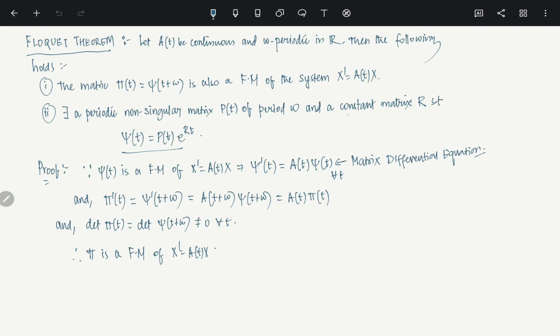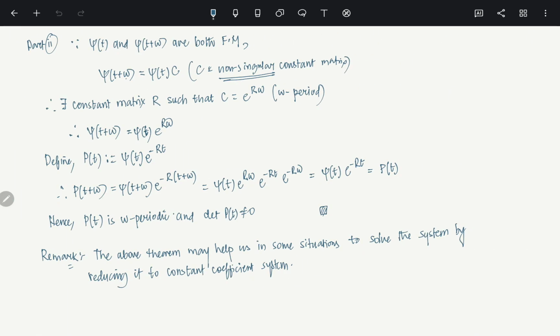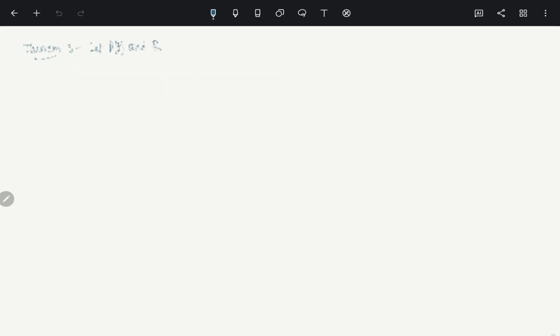We are just assuming that. Such that we can write the fundamental matrix phi of t as P of t times e to the power Rt. Then the transformation, this is very important.